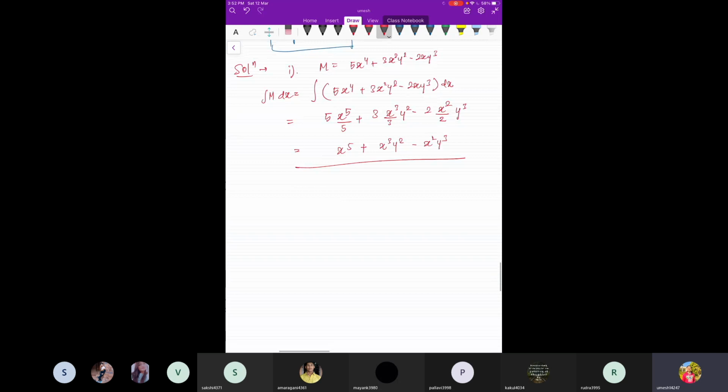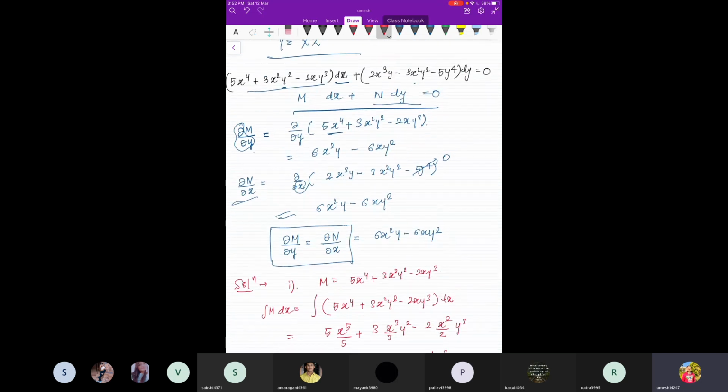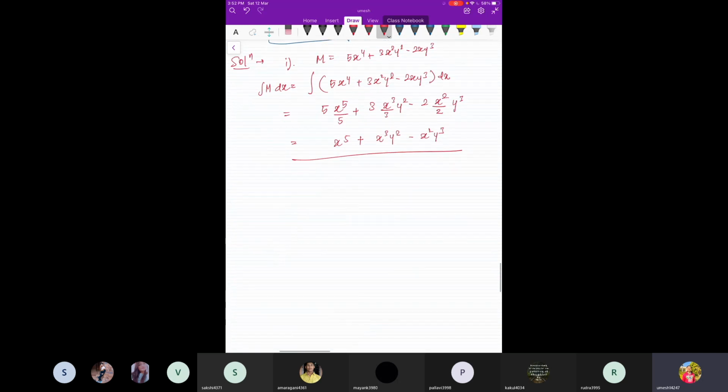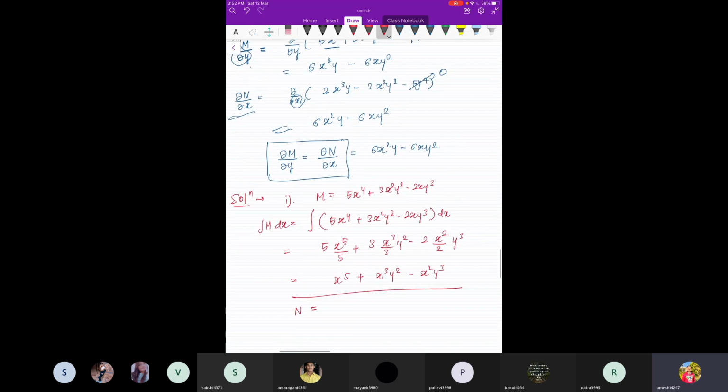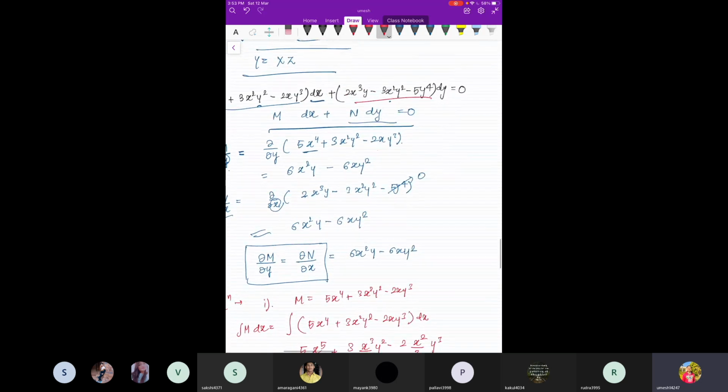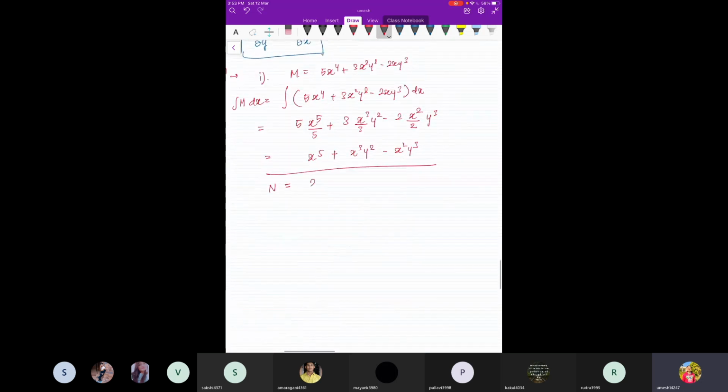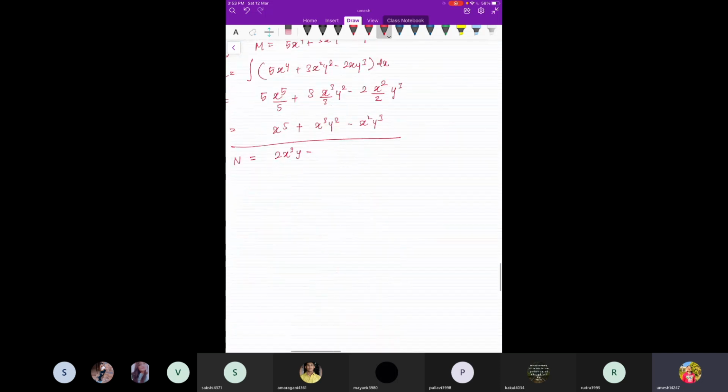Fine, like we have only integrated m with respect to x. Now the next step is to integrate n, and we have to integrate only those terms of n which do not contain x. This was our n. Could anyone please tell me what was the value of n here? That is 2x cube y minus 3x square y square minus 5y to the power 4.